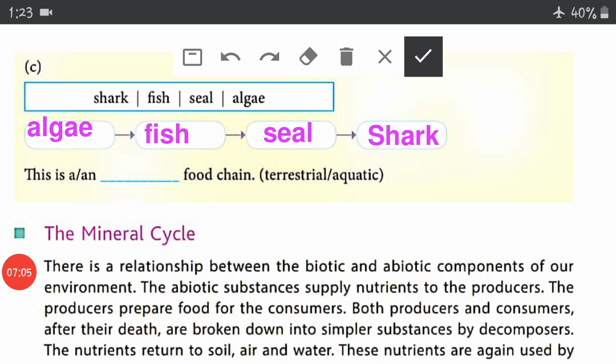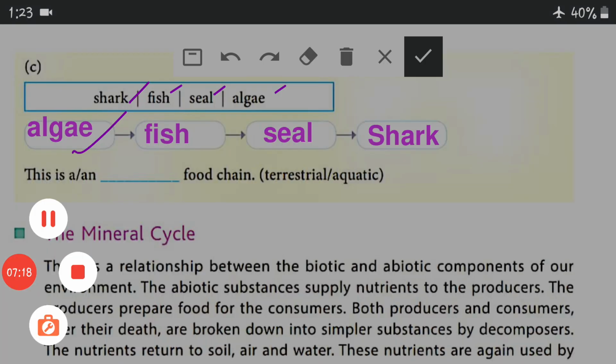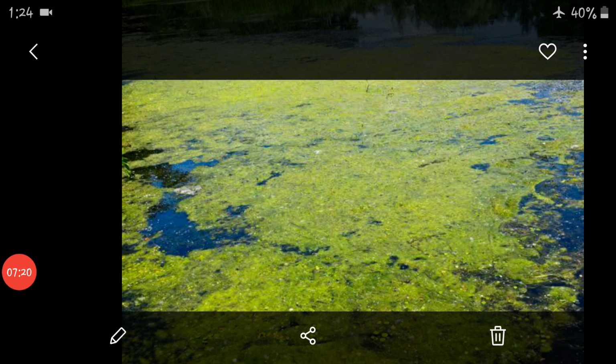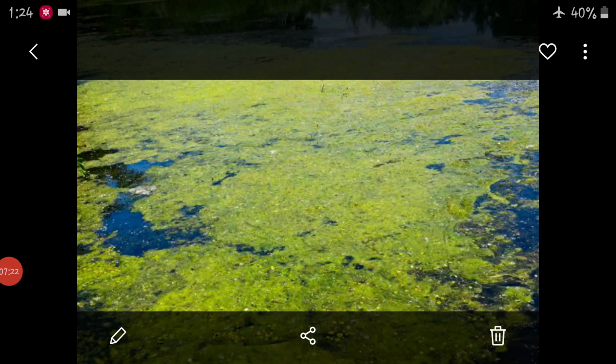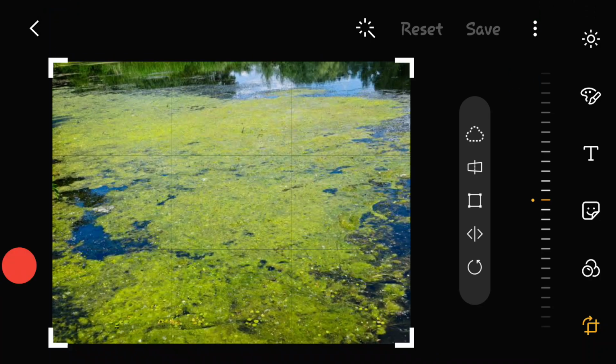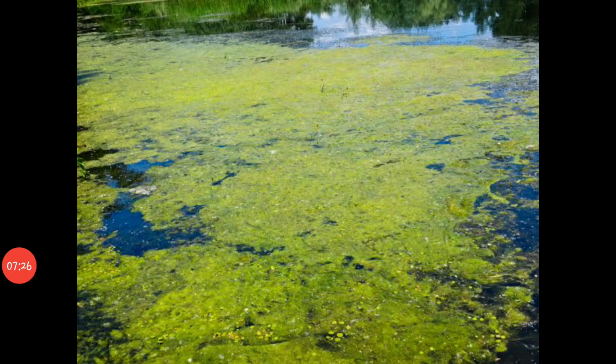One last example is shark, fish, seal, algae. Algae, you must have seen, is the green color present on the water. Let me show you. This is algae, this green color present on the water.